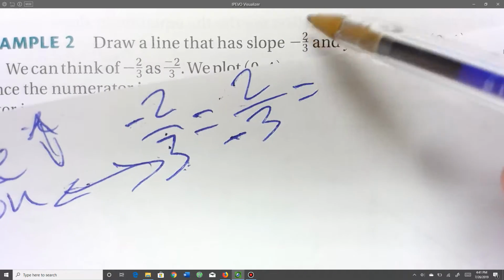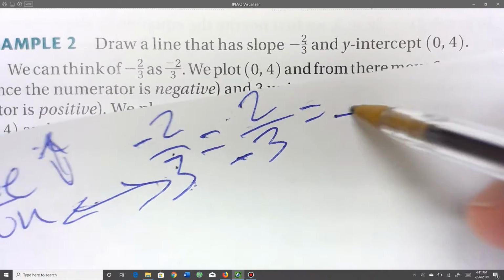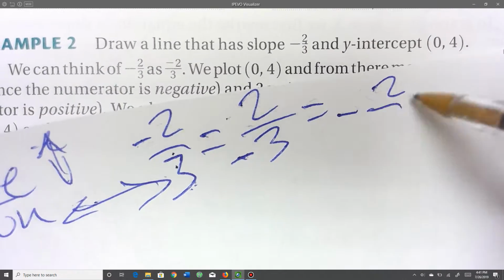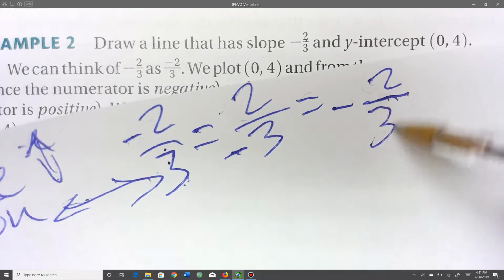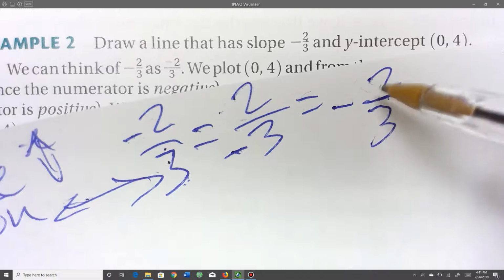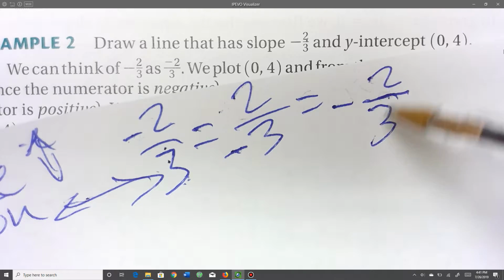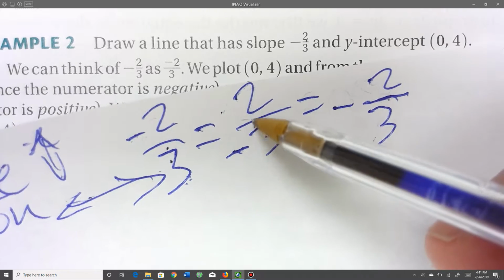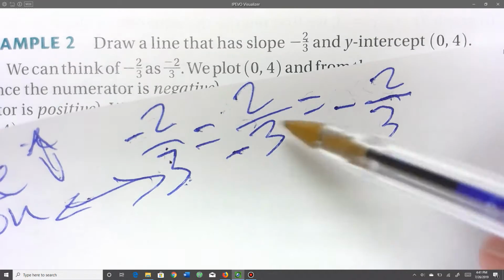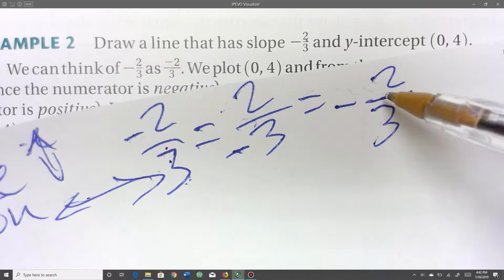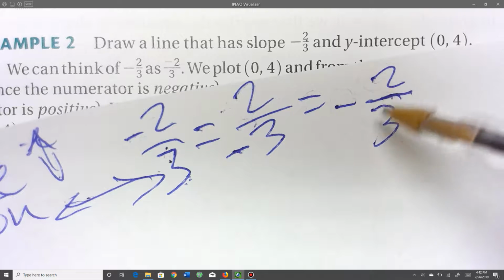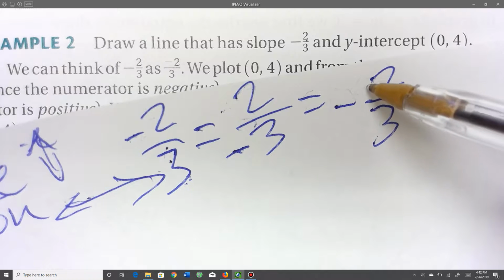So you're going to have to go from the given fraction to either -2/3 or 2/-3, because writing both as positive is not going to work.